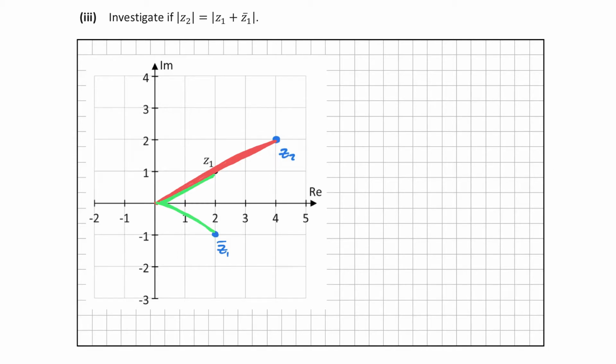So if you just look at the red triangle first, the big triangle there. If you're looking for the modulus of z2, we'll take that triangle, which is a right angle triangle. We're looking for the modulus of z2, which basically just means the length of z2. It's 4 units long at the bottom and it's 2 units high.